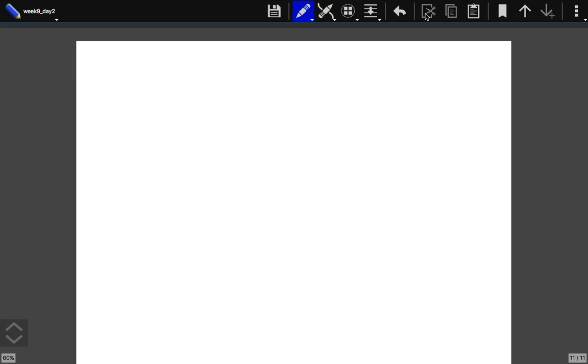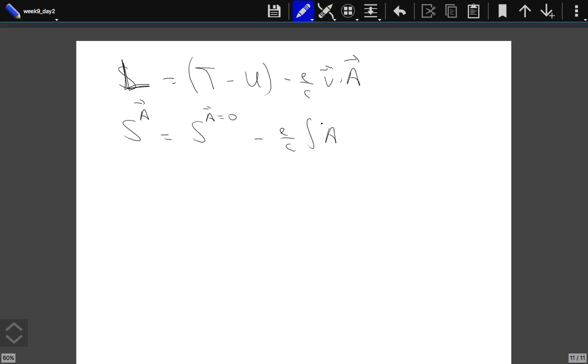Well, the short idea of the Aharonov-Bohm effect is the action for a particle that is moving in, let's say, a vector field. The Lagrangian is just T minus U, U being any kind of the potentials that you might have, minus e over c v dot A. So the action in the presence of this vector potential will be just the action in the absence of the vector potential minus e over c A dot v dt.